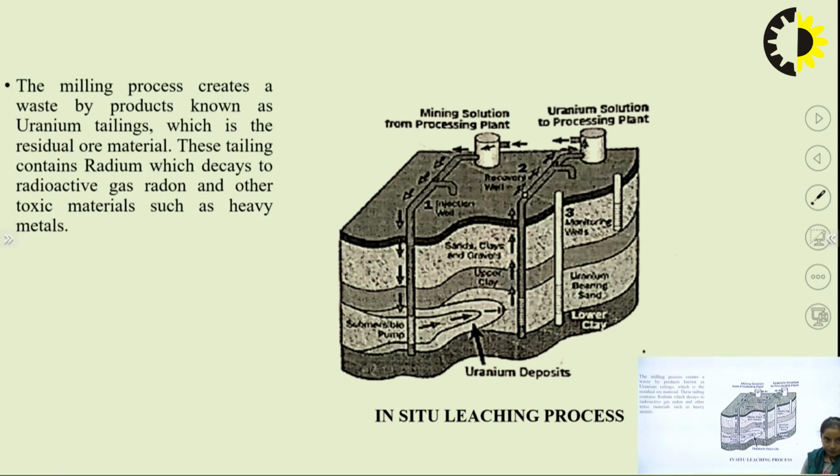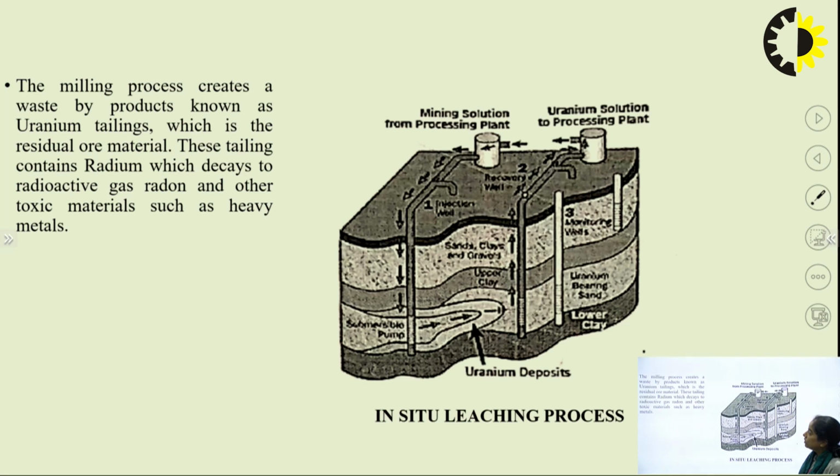The milling process creates a waste byproduct known as uranium tailings. Here this is the milling process. In the milling process, uranium tailings are created, which are the waste product, the residual material. These tailings contain radium, which decays to the radioactive gas radon, and other toxic materials, which are heavy metals.